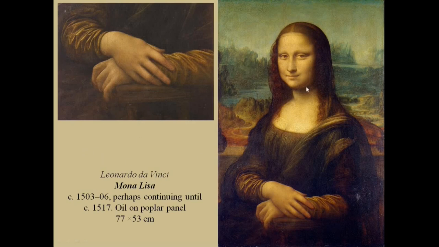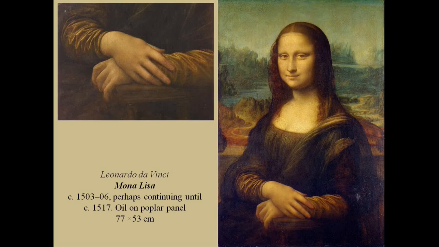Because this young woman is depicted with a half smile, and her glance is like following us wherever we are standing. So anyway, she's looking at us with a smile. We have some mystery about this lady.